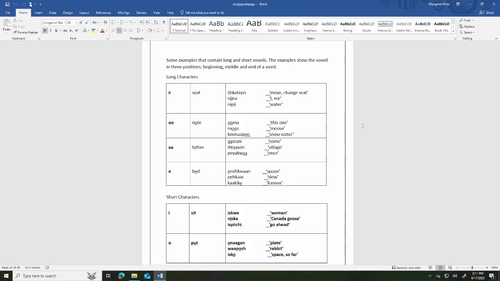Nina. Nina meaning I or me. And you can hear the long I sound in the middle of the word. Nippy. Nippy is at the end of the word, meaning water.